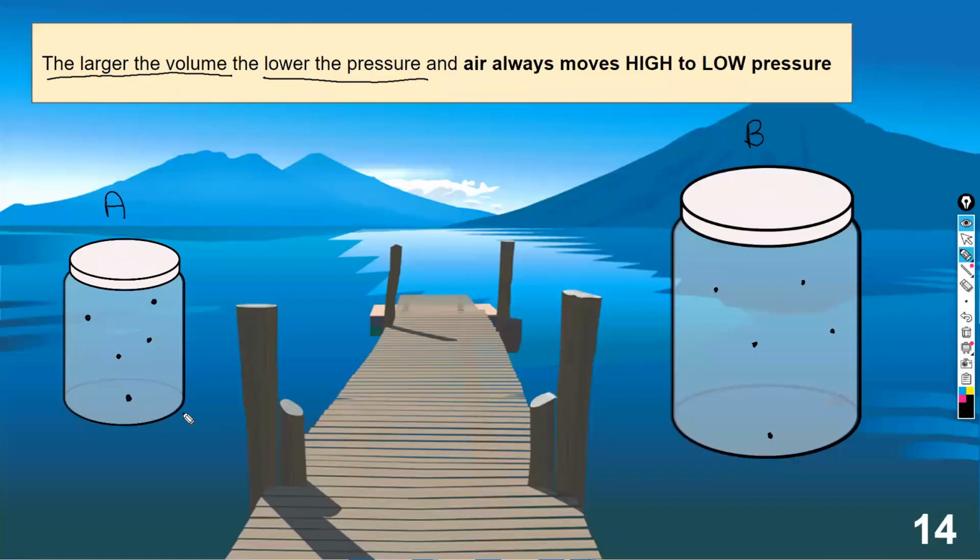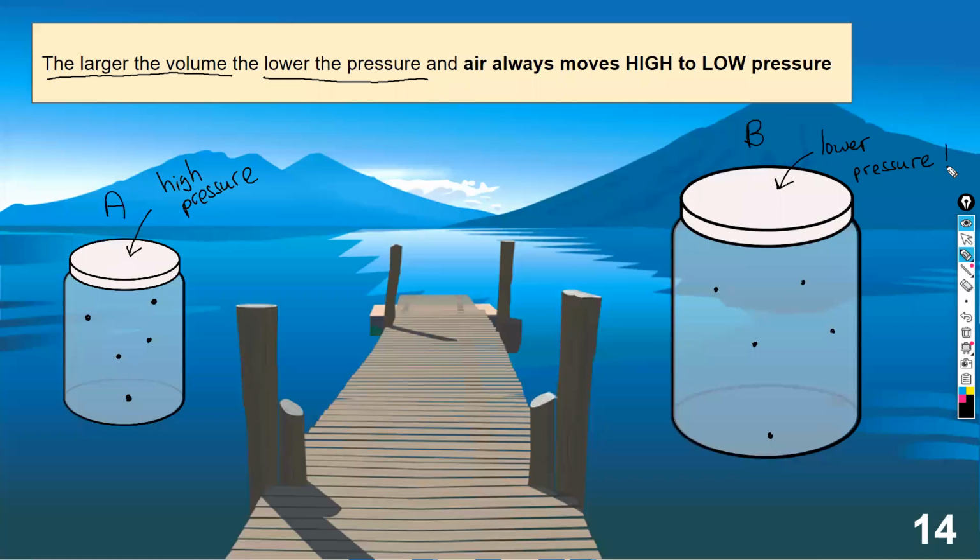The smaller the container, the higher the pressure. So container A will have a high pressure. Container B, because it is larger, has a lower pressure. Okay, so for those who got it wrong, you understand it now.